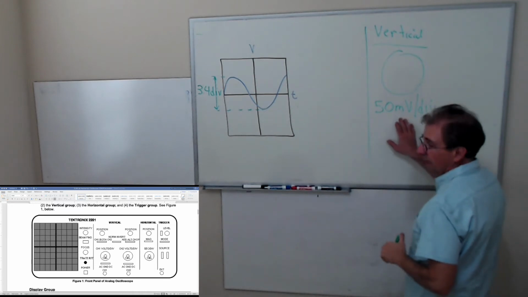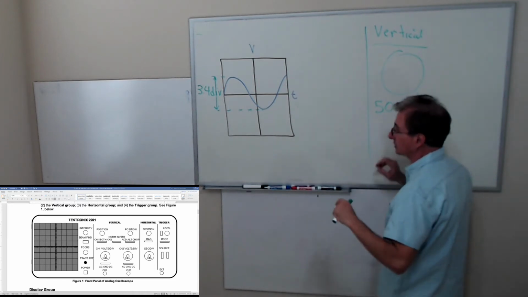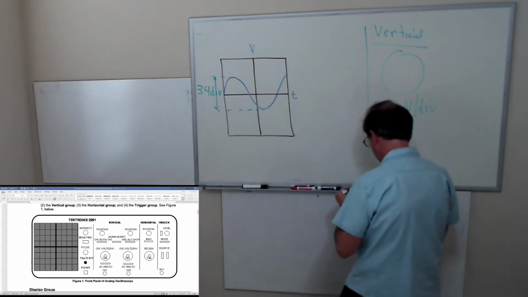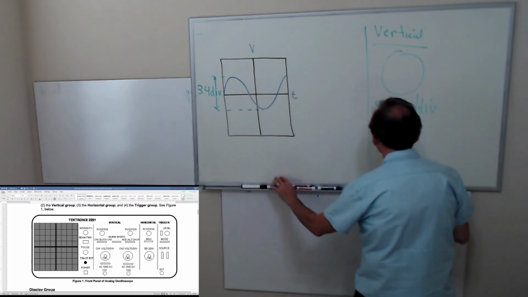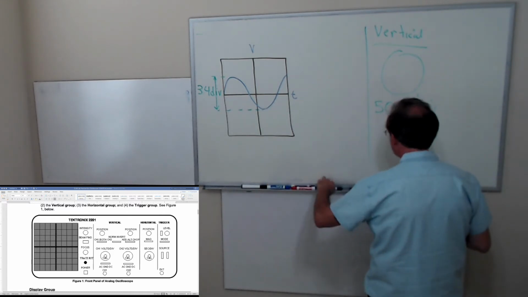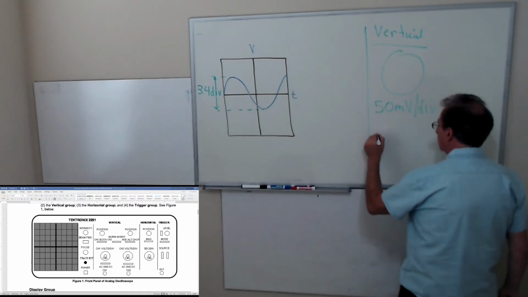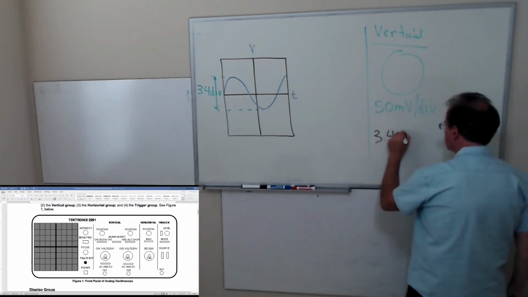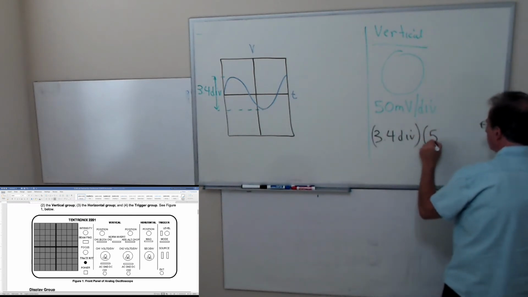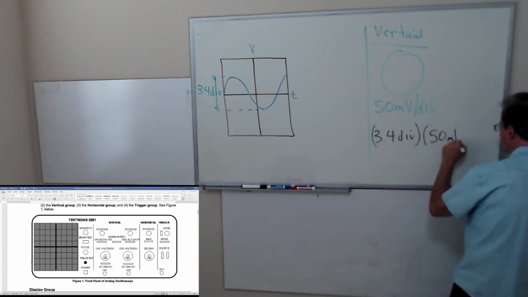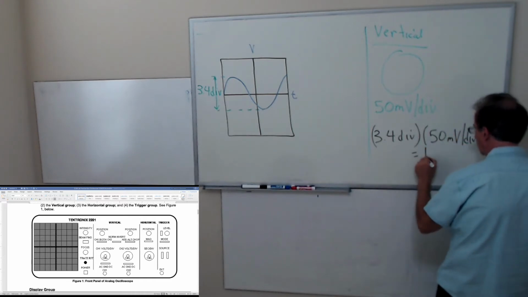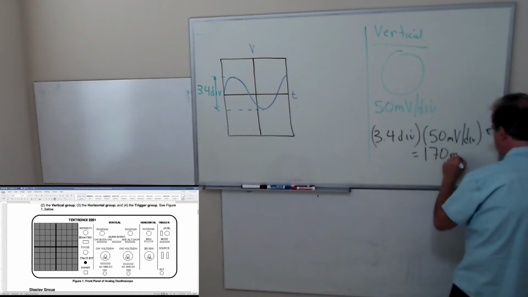Well, if it's 50 millivolts per grid, the big box, and I have 3.4 boxes, then the voltage I'm measuring is going to be, I'll use black so you can see it better, 3.4 divisions times 50 millivolts per division, and that ends up being 170 millivolts.